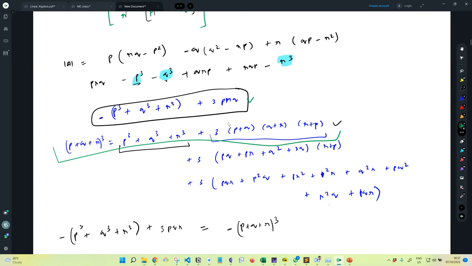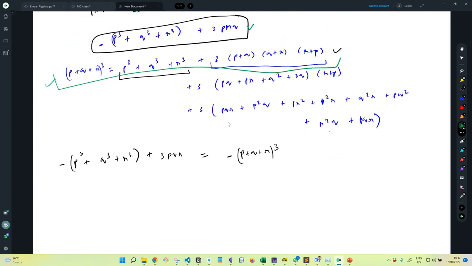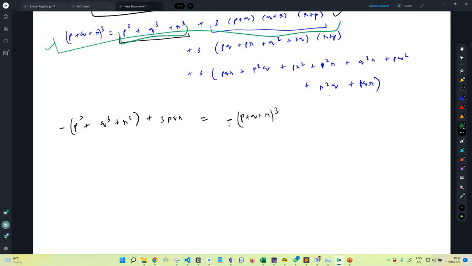This is the (p plus q plus r) the whole cube formula. Now from this, if I were to take this quantity to the left hand side and bring this quantity right, then what will happen? Minus of (p cube plus q cube plus r cube) will be equal to minus of (p plus q plus r) the whole cube plus 3 times (p plus q) into (q plus r) into (r plus p), right?